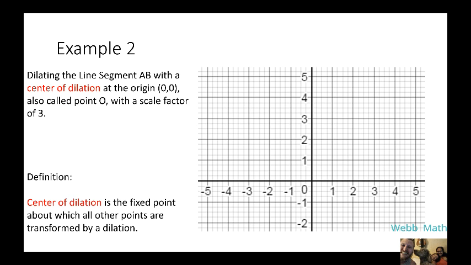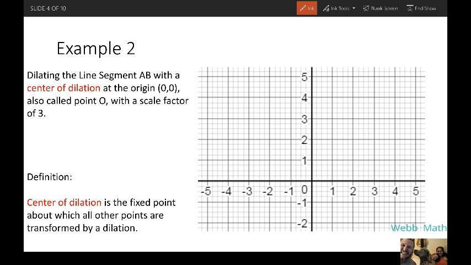So the center of dilation that I'm going to make is 0, 0, right here. It's a terrible O, I know. But that is going to be my center of dilation.